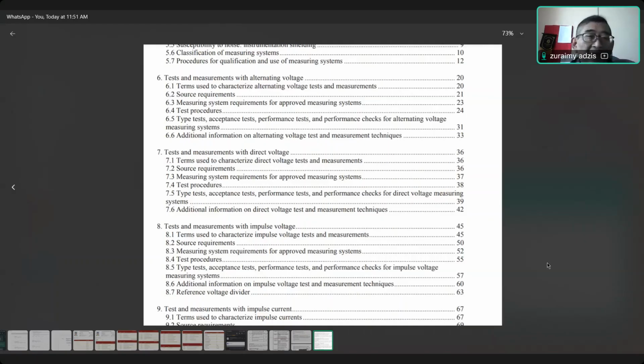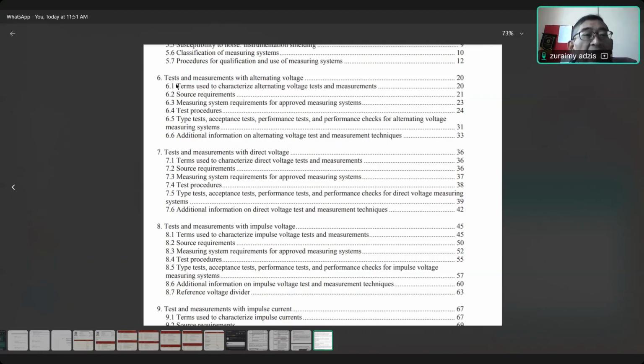As you can see on your display are the three types of test that are covered in our syllabus: test with AC voltage, test with DC voltage, and high voltage test with impulse voltage. So for today, we're going to cover AC and DC.